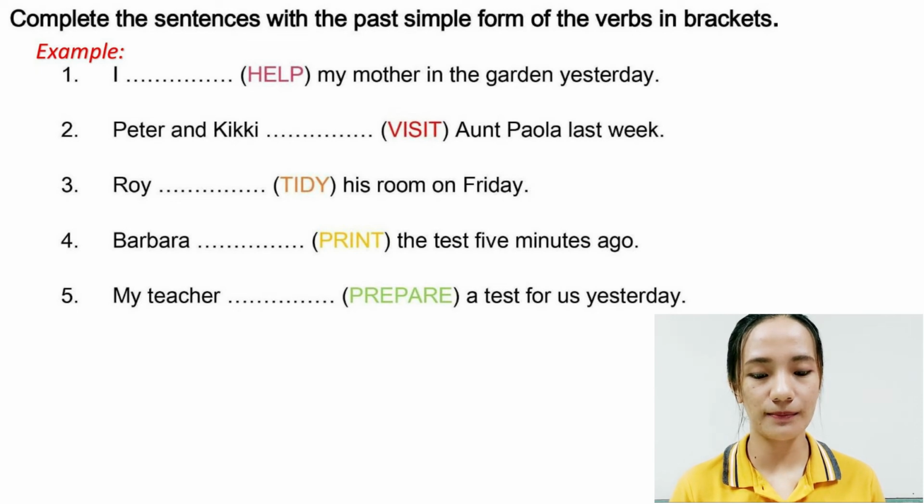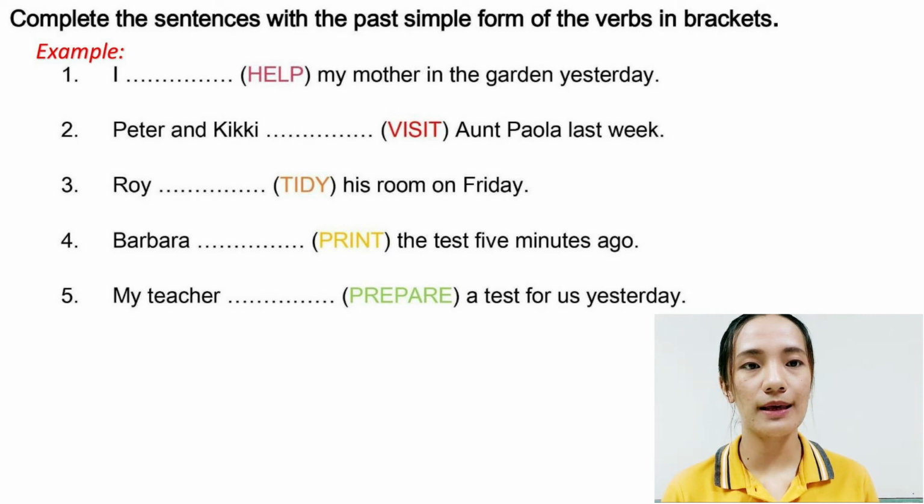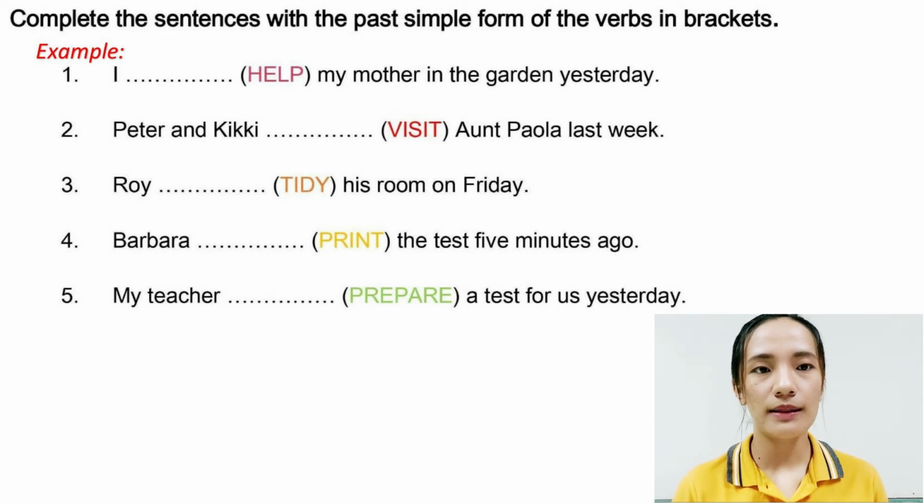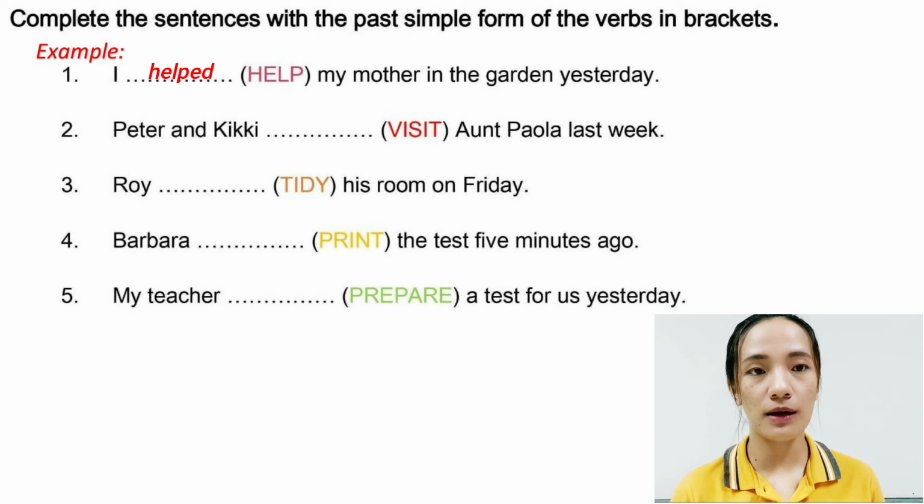The answer is helped, spelled as H-E-L-P-E-D. So we just add ED at the end of the word. Now let's read the sentence again with the correct answer. I helped my mother in the garden yesterday.